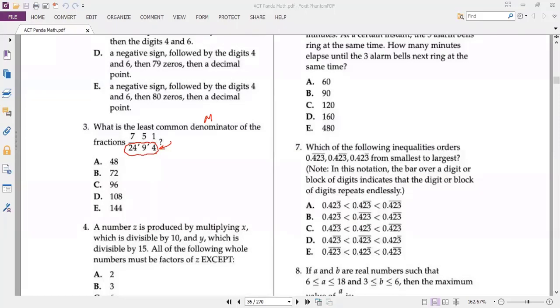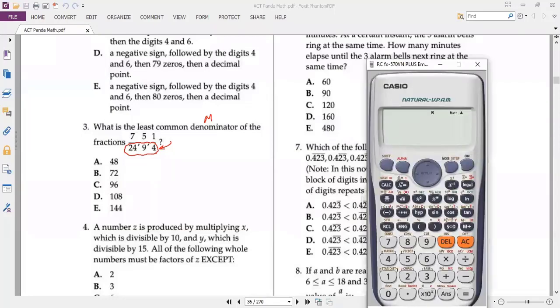I have two methods. If you don't have this option, first of all, check the numbers. There is no common factor among all of them. The common factor between 4 and 24 is 4, and between 9 and 24 is 3. But among all of them, no common factor, so we can use this option.